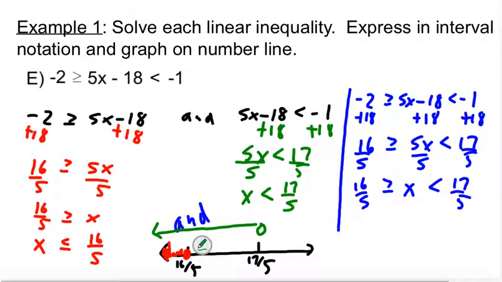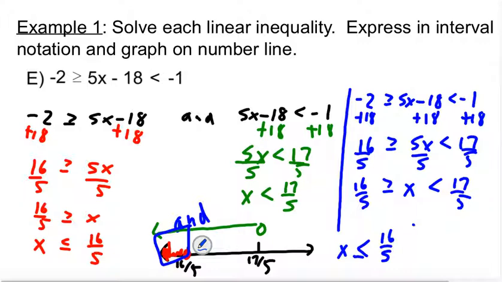All right, with an and statement, whether it's together or whether it's separate, you're looking for the overlap. And the overlap happens to be right in here. All right, so what is that really? That really means that x has to be less than or equal to 16/5. So how do we write that in interval notation?